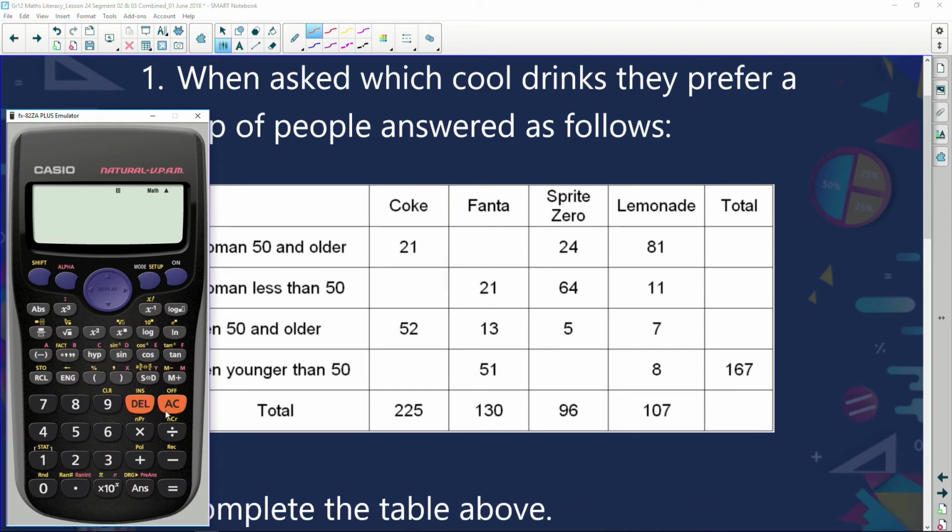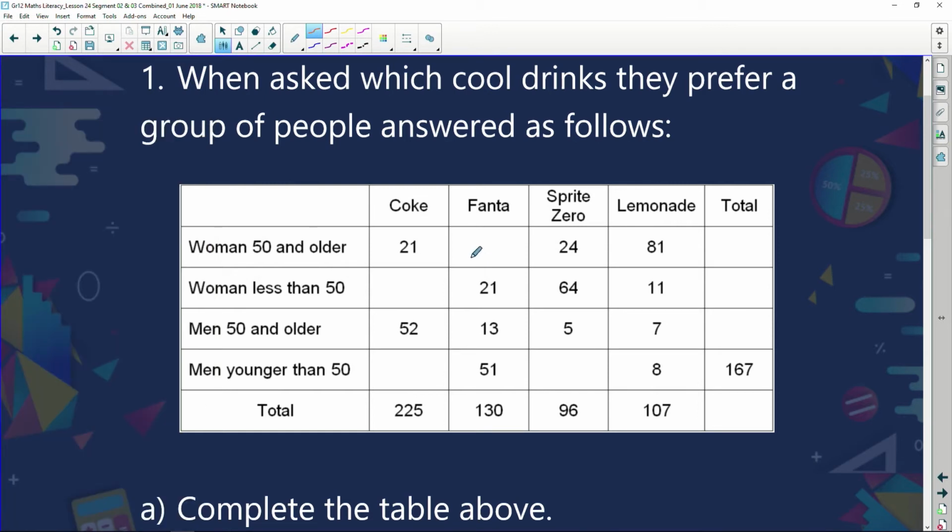Okay, so on my calculator, I've got a total of 130. I'm going to subtract 51, subtract 13, subtract 21, and I'm going to land up with an answer of 45. So I know that I have 45 women who are 50 years and older who love Fanta.